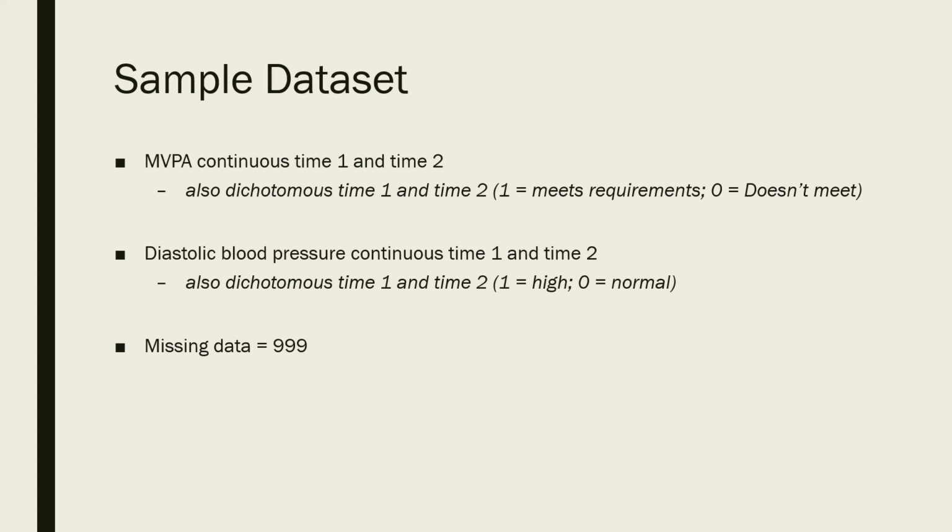And then the same for the diastolic dichotomous variable. You're going to label it in your data view: 1 equals high blood pressure, and 0 equals normal. And then, of course, you can also label missing data, which I explained earlier. So here are just some hints about the data set, but again, it's for you to explore and to practice some of the bivariate analyses.